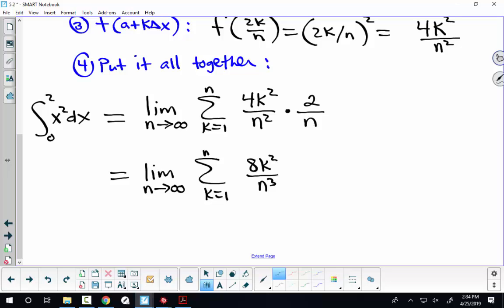Anything that involves an n, I'm leaving in front of the limit. And anything else I can put out in front of all of that. So the 8 doesn't involve a k or an n, so we're going to put the 8 out in front of the limit as n approaches infinity. The only thing that involves an n is the 1 over n cubed, so we're going to put that out in front of the limit. And then what's left over is the sum of k squared.